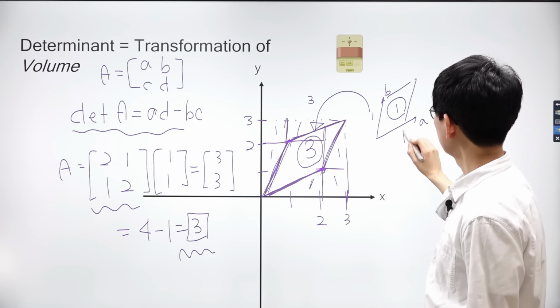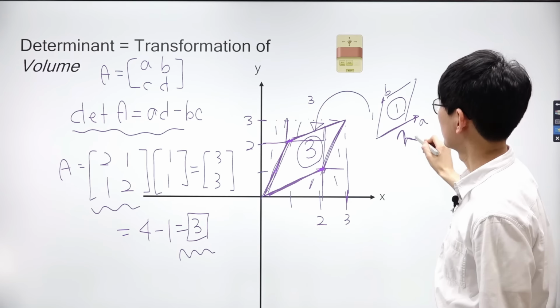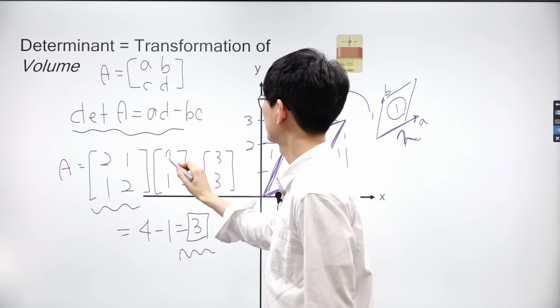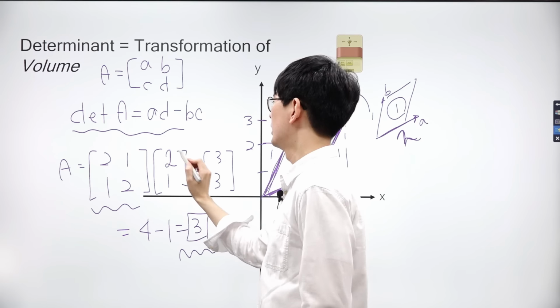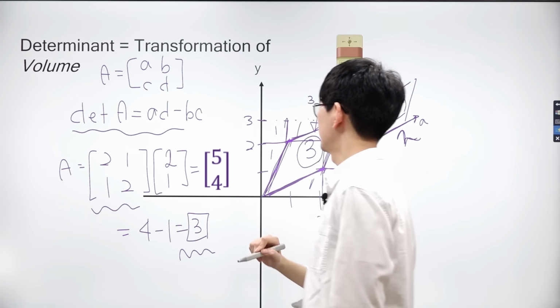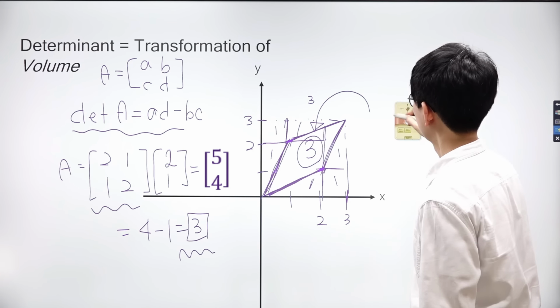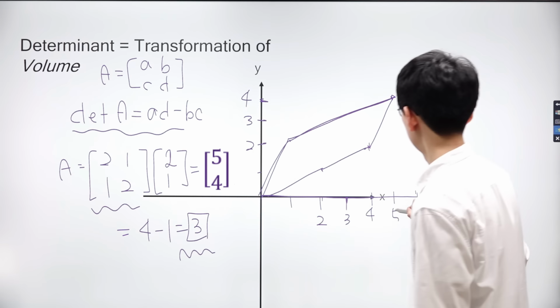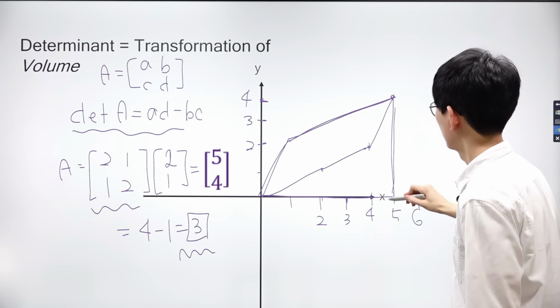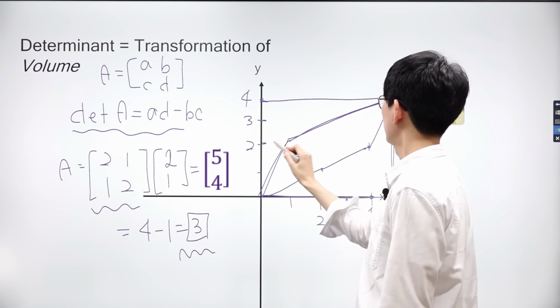Now, let's imagine we increase the length of one side of the parallelogram to 2. The coordinates of the vector change to 2, 1 in the transformed space and 5, 4 in the original space. Let's observe how this change affects the area of the parallelogram. We'll scale the vector 2, 1 by 2, resulting in coordinates of 4, 2.